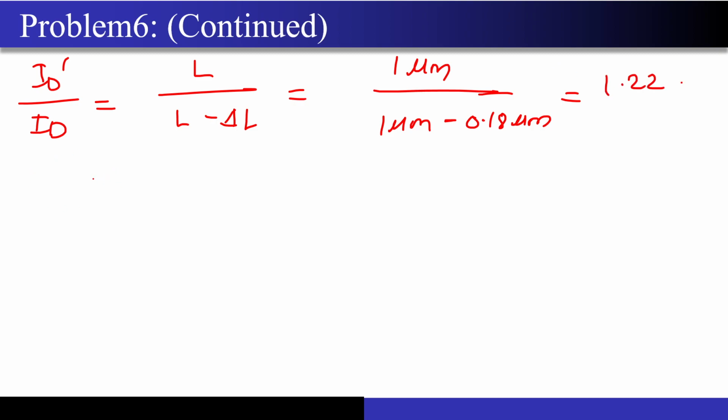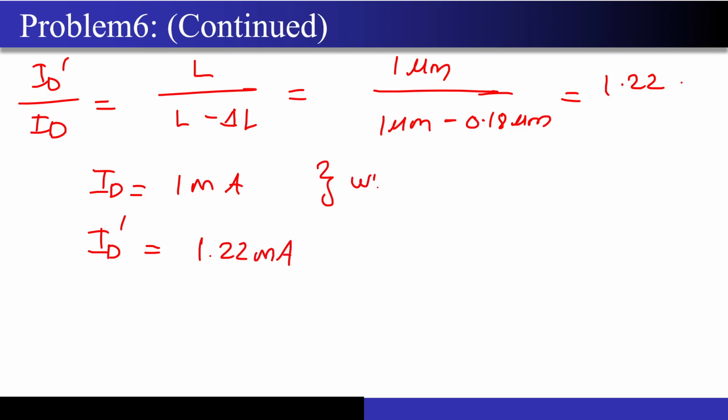Now what does this mean? Let's say you calculated ID without considering the channel length modulation as maybe 1 milliampere. Then if you take into account the channel length modulation, now you will get the current as 1.22 milliamperes. So this is without channel length modulation and this is with channel length modulation. So you can see how much error you are getting.